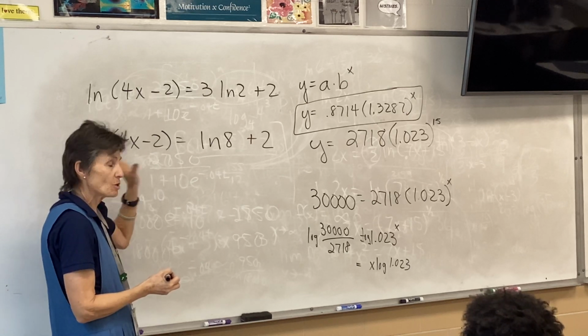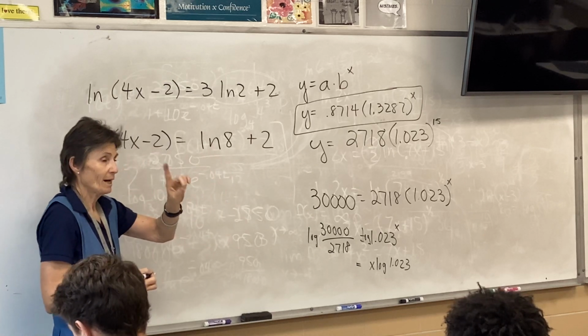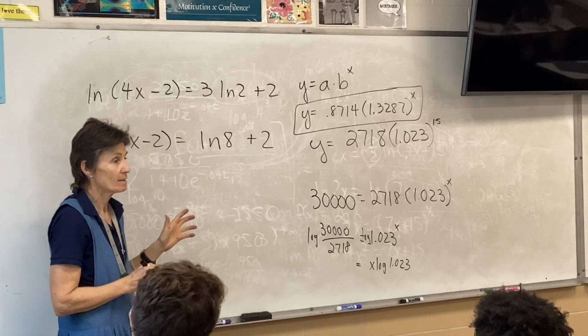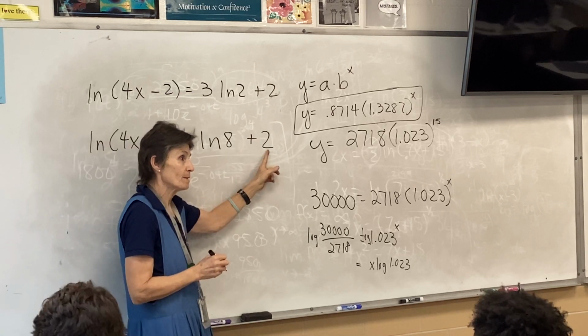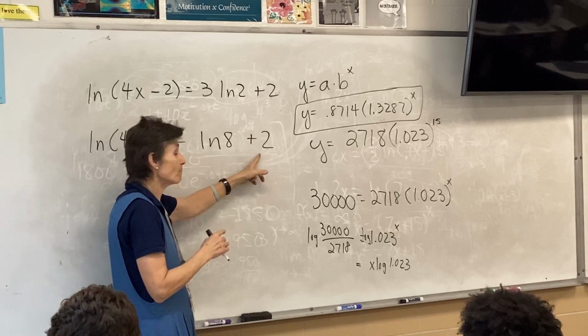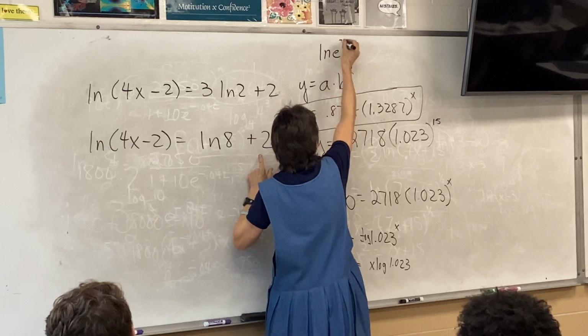Now, as always, there's different ways to go, but you're not dropping any logarithms at this point. You understand that, right? This does not have a logarithm. So you could give it a logarithm by remembering that the number 2 is the same as ln e squared.